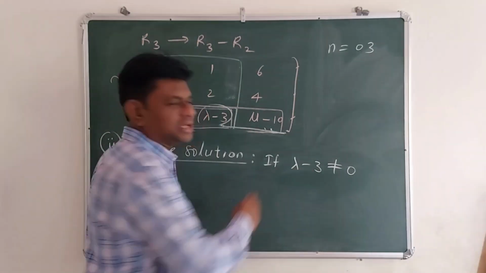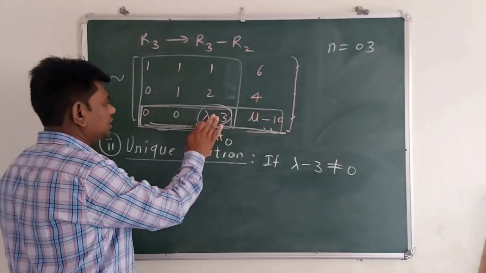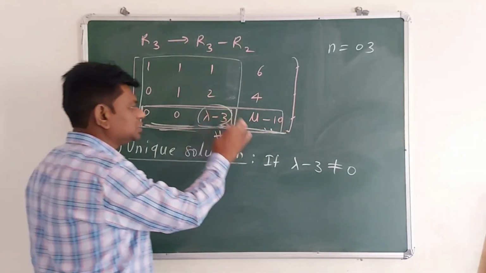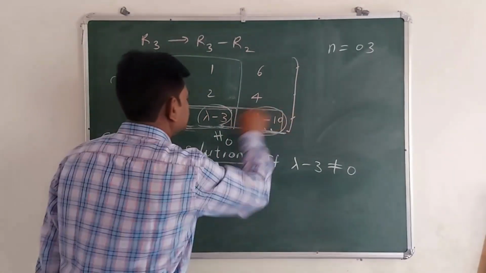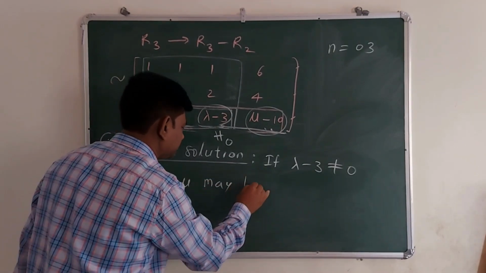Now if lambda minus 3 is not equal to 0, then this is the non-zero row for the echelon form of A and echelon form of C also, and mu minus 10 means mu may have any value.